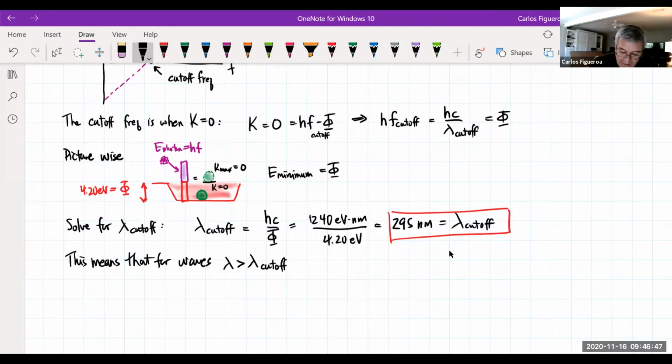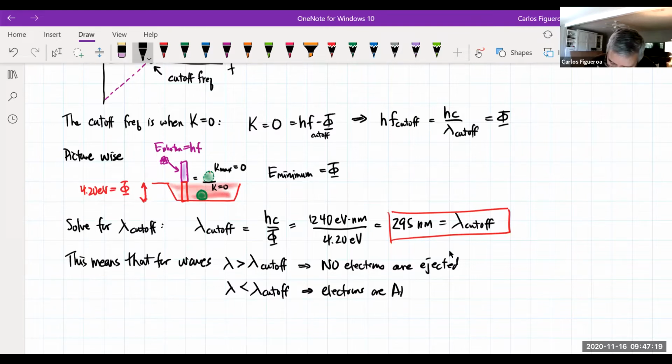So for waves where their wavelength is greater than the cutoff, this implies that no electrons are ejected. Whereas if lambda is less than the cutoff, then what you're going to find here is that electrons are always ejected.